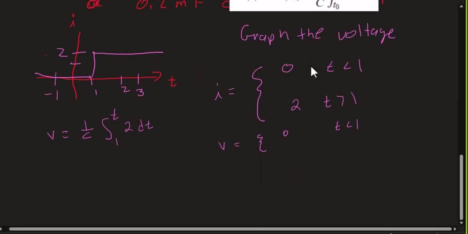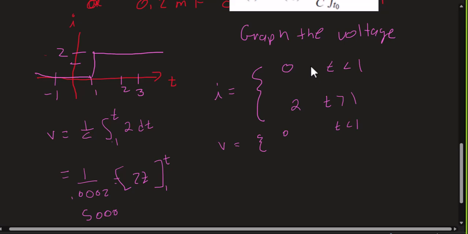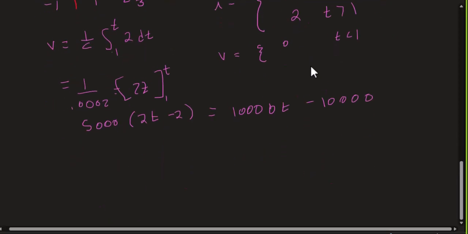What's the integral of 2 dt? It's 2t, from 1 to t. So this is 5,000 times 2t minus 2, or 10,000t minus 10,000.